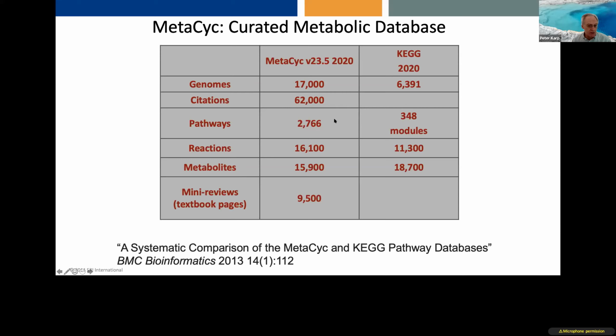We have a much larger number of pathways if you compare to the modules in KEGG, which are the equivalent sized pathway type in KEGG. Metacyc has about 40% more reactions. KEGG does have more metabolites than Metacyc does. And KEGG is largely missing the mini reviews that Metacyc has. We couldn't figure out how to count them in KEGG, but in general, KEGG contains very few mini reviews.